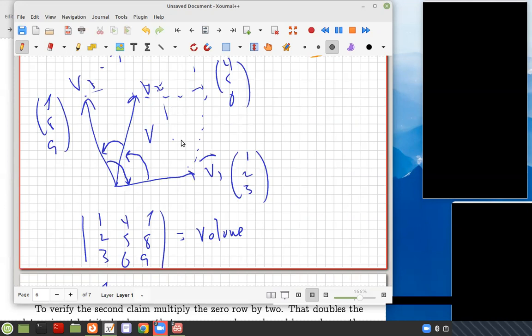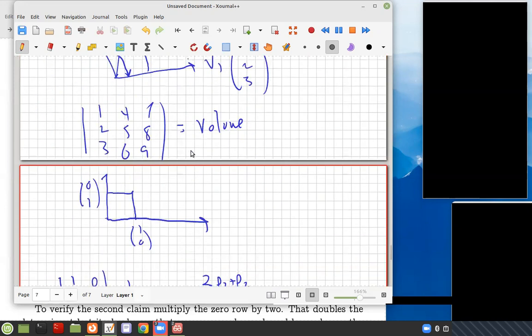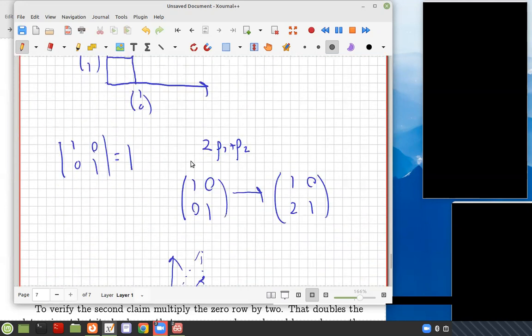Anyway, sometimes there's a relation between what we call cross products and determinants, and cross products are used in physics for magnetism.